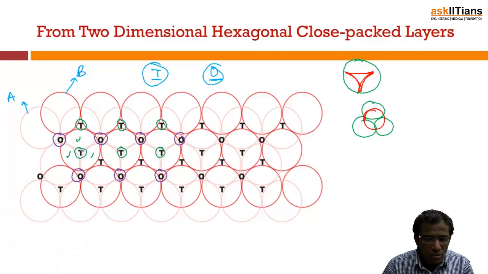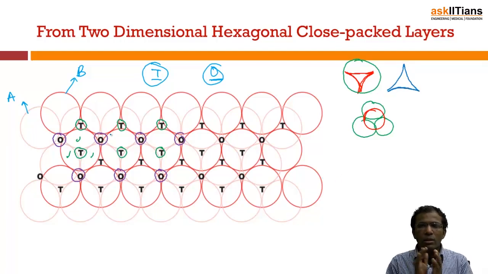This is one type in which we have a depression like this, in which the apex is downwards, and this is also a tetrahedral void, but the apex is upside like this.